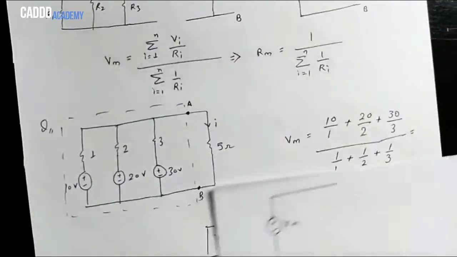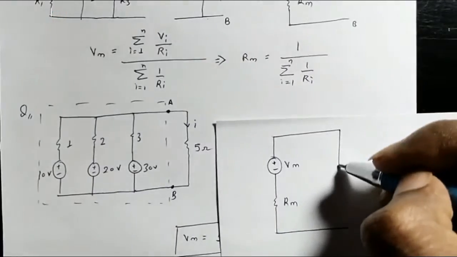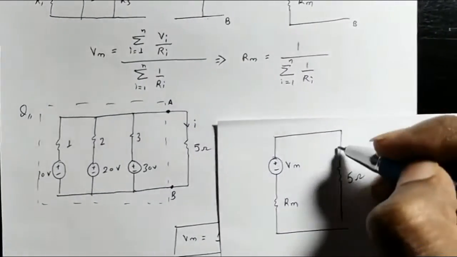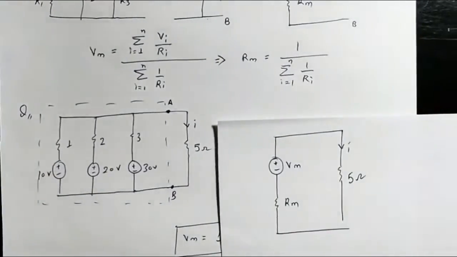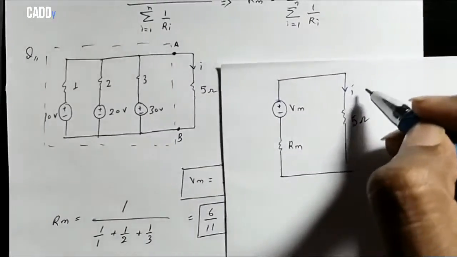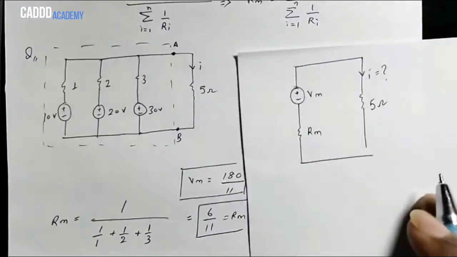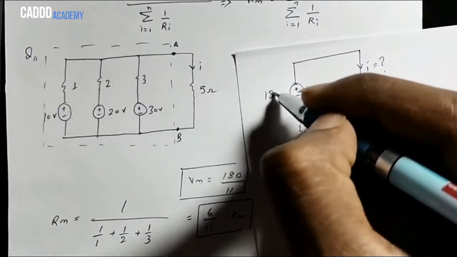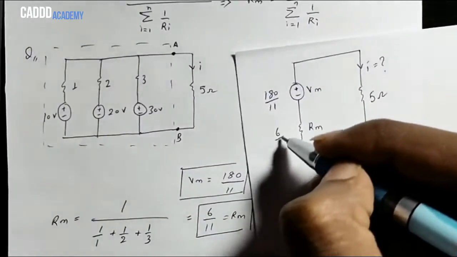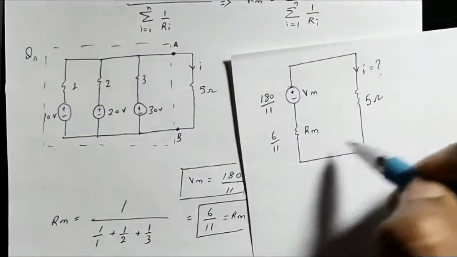Between terminals A and B we have the 5 ohm resistance, and the current flowing through that 5 ohm resistance is I. So we have to calculate the value of I. Now we know the value of Vm is 180 by 11, and the value of Rm is 6 by 11.